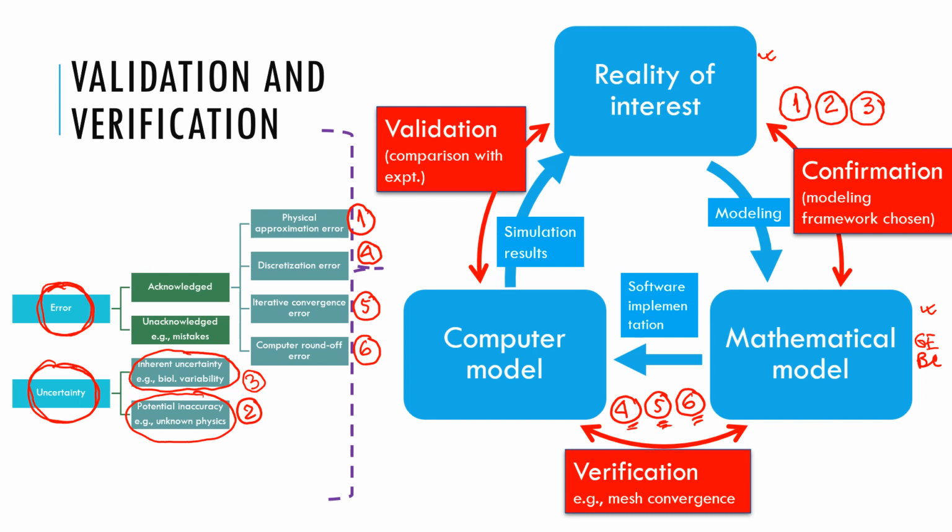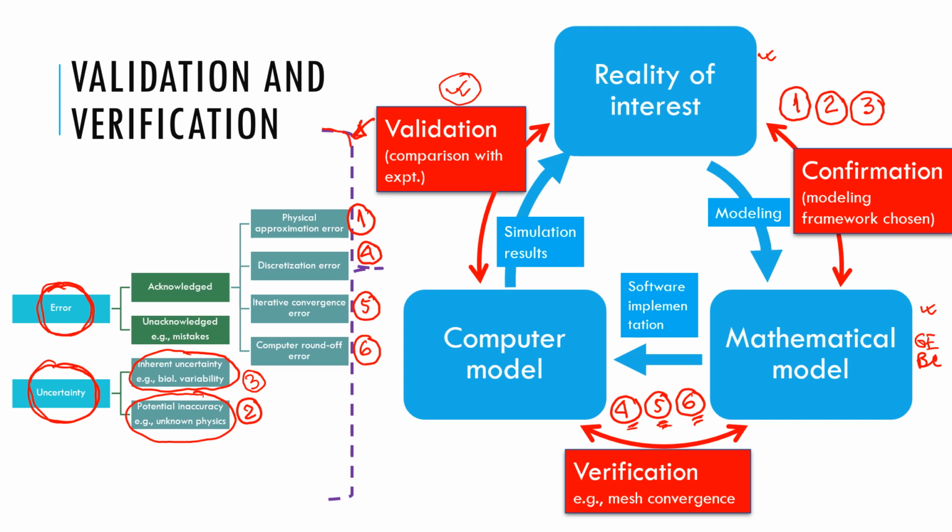The validation step here finally compares the results with the real world, and this comparison is typically in terms of comparing with experimental data. Note that this comparison at the validation stage includes everything, all of it.